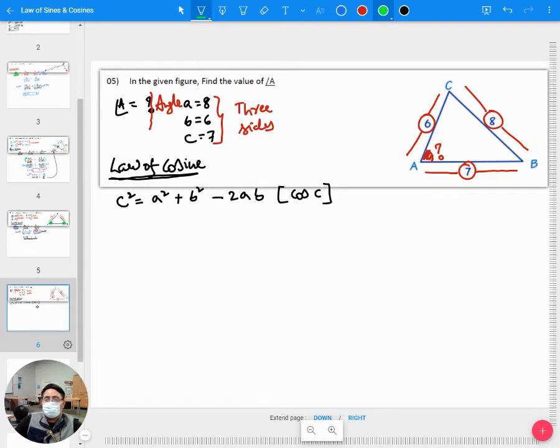Please notice that angle A is missing, so that angle goes here.